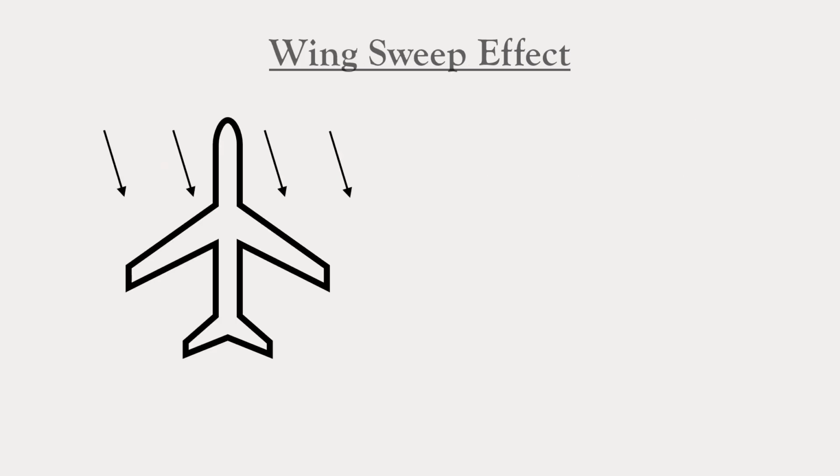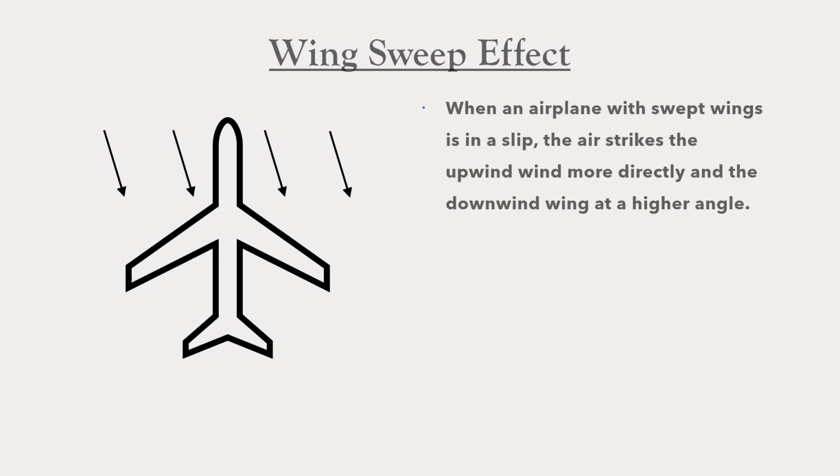The last of these effects is the wing sweep effect. When an airplane has a significant amount of wing sweep, where the wing tips are behind the wing root, then in a slip, the air tends to strike this upwind wing more directly and strike the downwind wing at kind of a glancing angle.